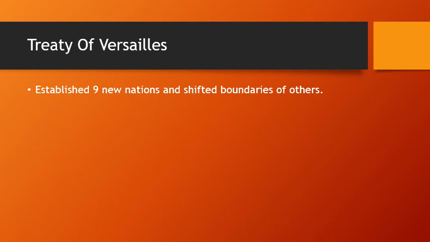It established that 9 new nations would be developed as a result of the treaty. These new nations included, and I want you to write these down, Austria and Hungary, which would be split into 2 separate countries. Czechoslovakia was created as another new country.